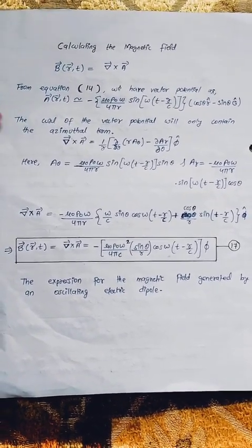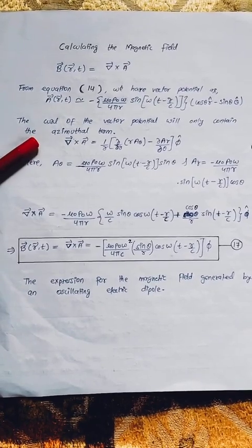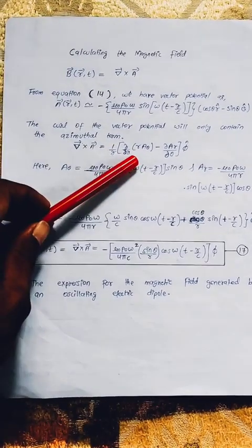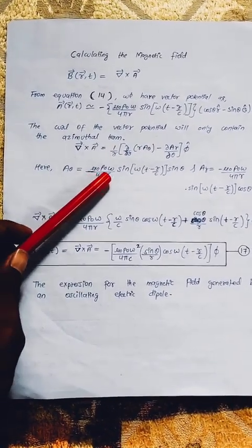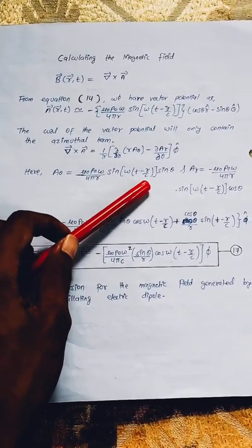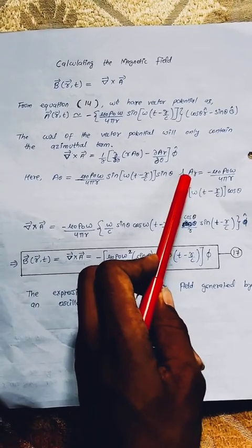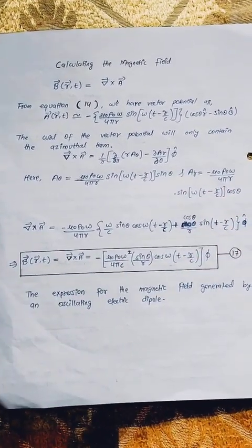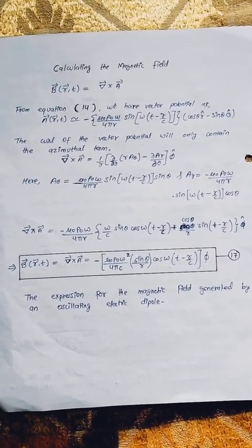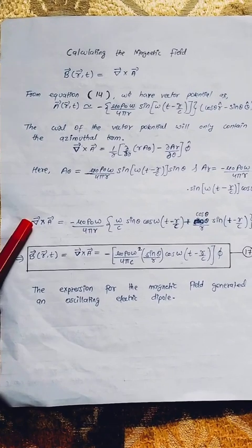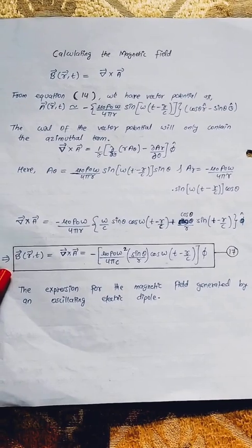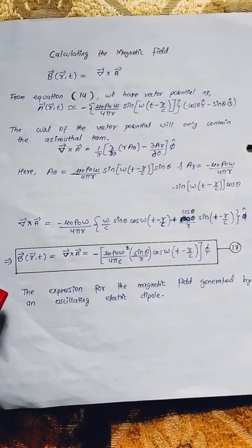The curl of the vector potential will only contain the azimuthal term, where A theta is mu naught p naught omega by 4 pi r sin of omega t minus r by c, and A r equal to minus mu naught p naught omega by 4 pi r. After calculating this, we get the expression for the magnetic field generated by an oscillating electric dipole.